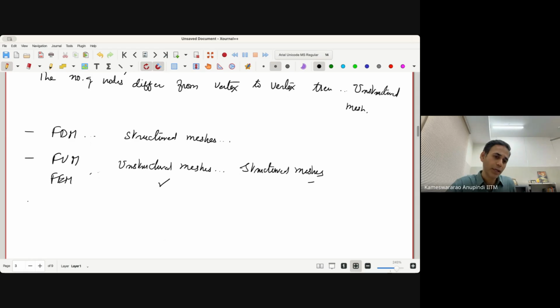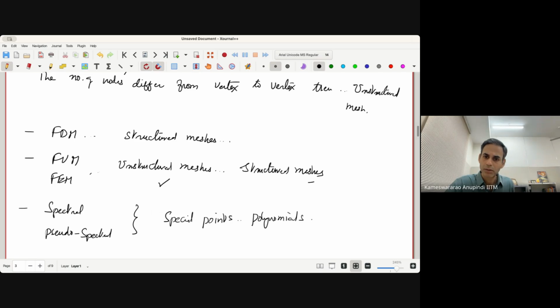Then you have these other methods, which are the spectral and the pseudo-spectral methods. These methods are typically applied on some special points, depending on the corresponding polynomials that are used, and these are called collocation points.